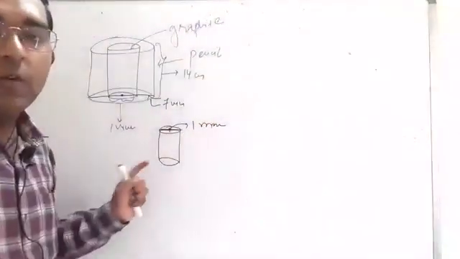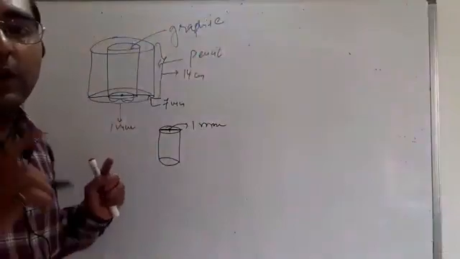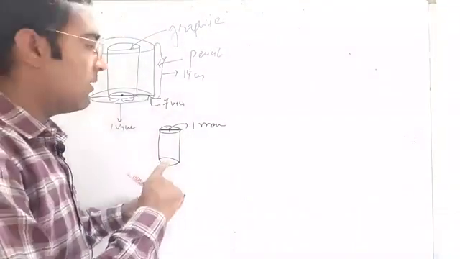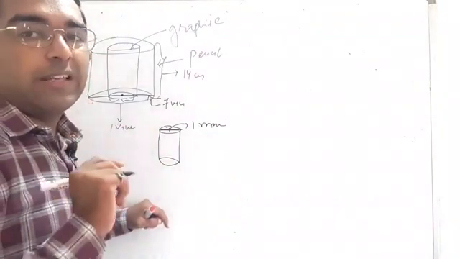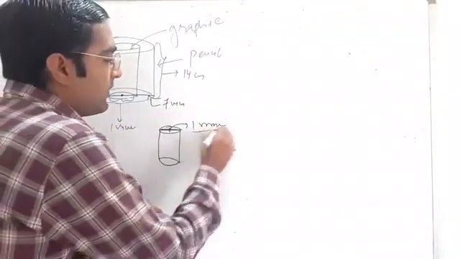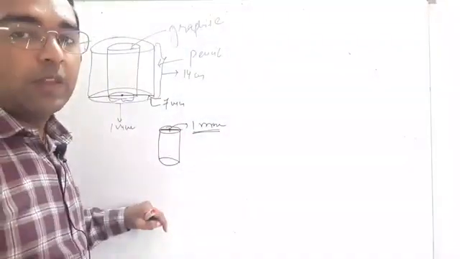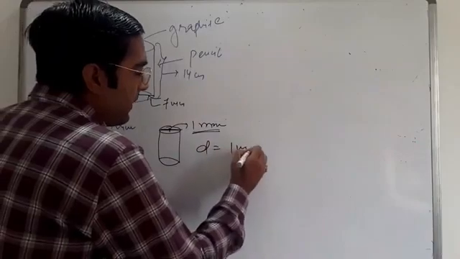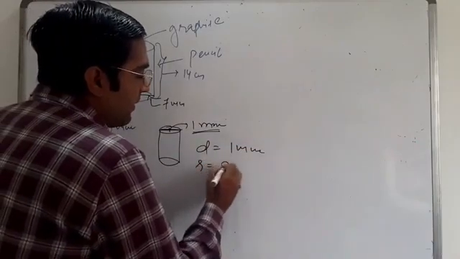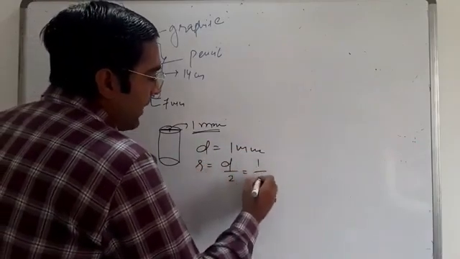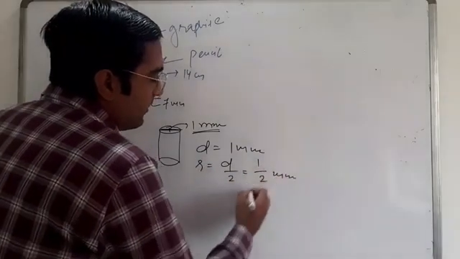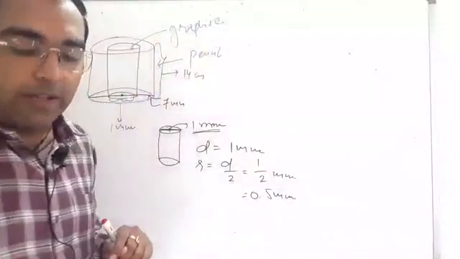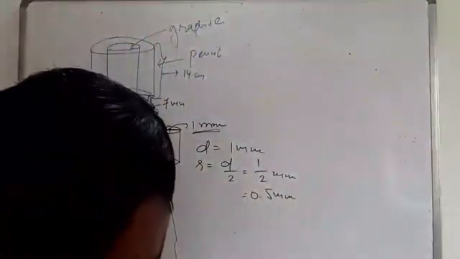If you want to find the volume of this cylinder, we must know the radius. The radius is the diameter divided by 2, that is 1 by 2 mm, that is 0.5 mm.